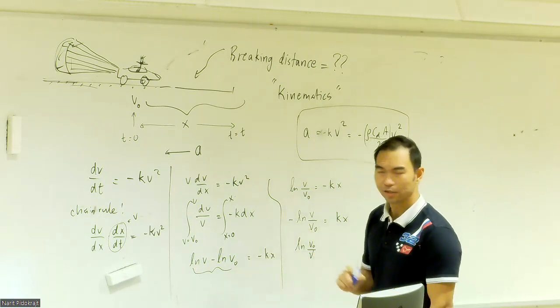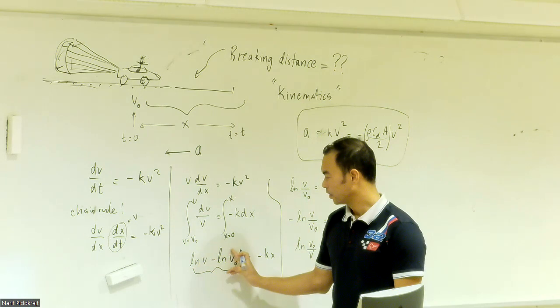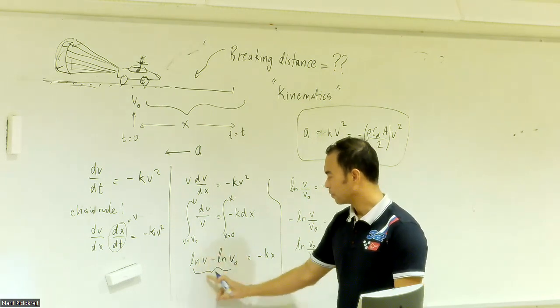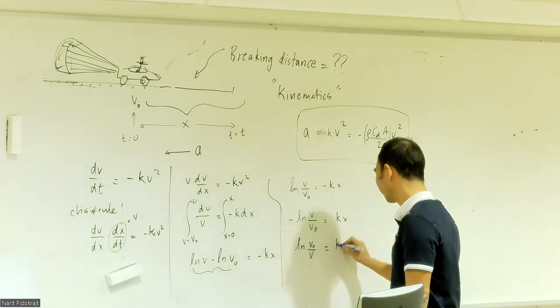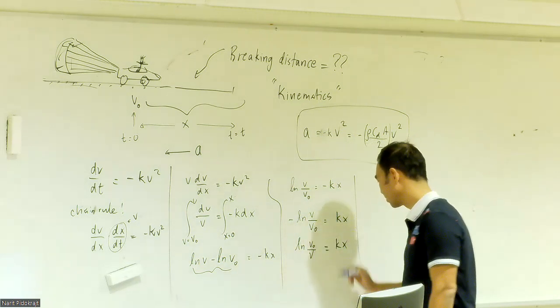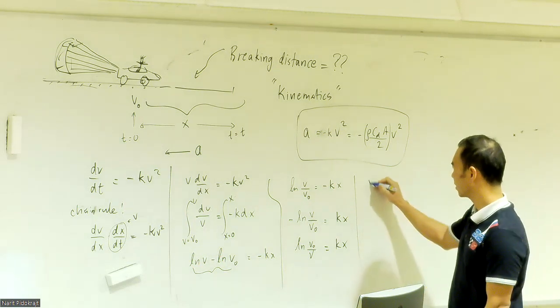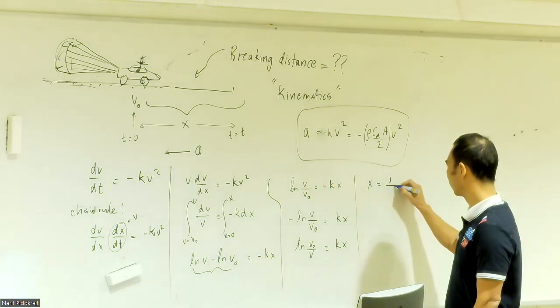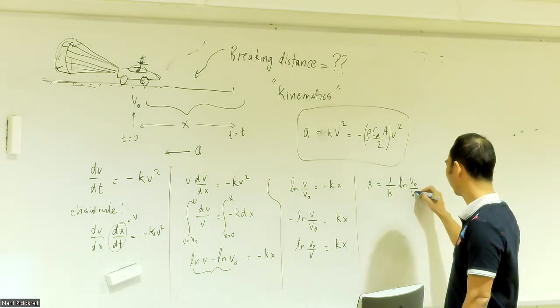You just change places between the two because of the minus sign. In the end, divide both sides by k, and you get x equals 1 over k times ln(v0 over v).